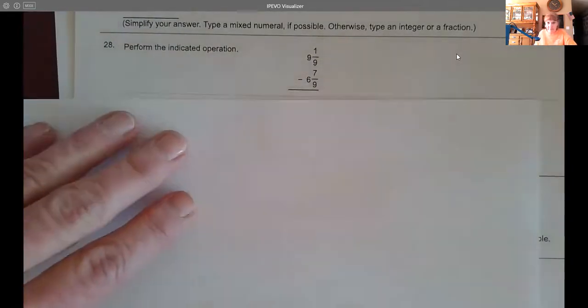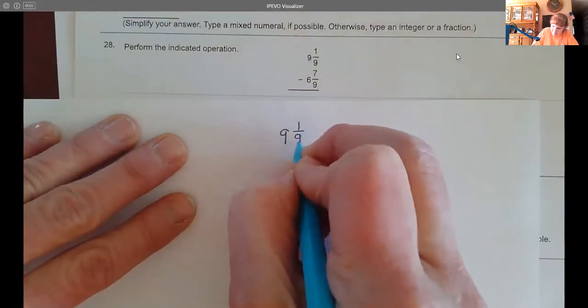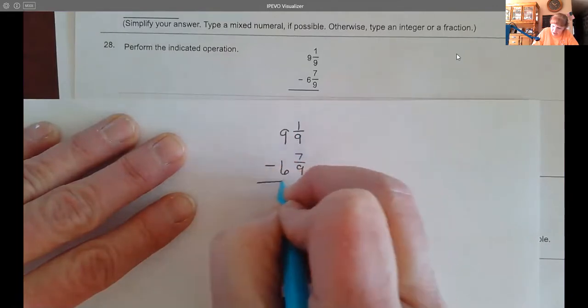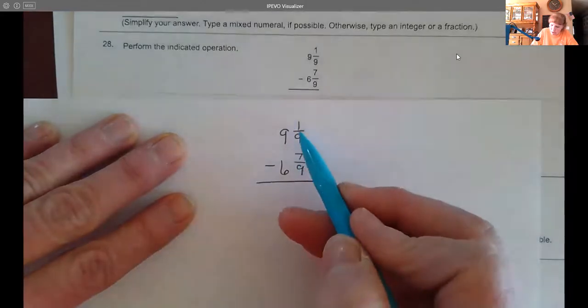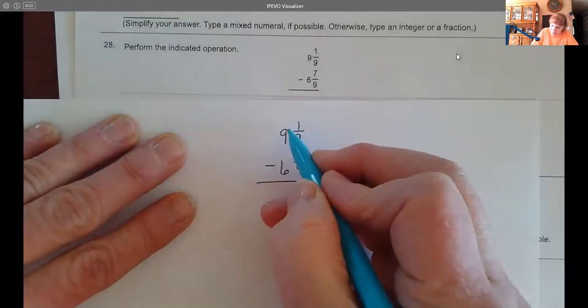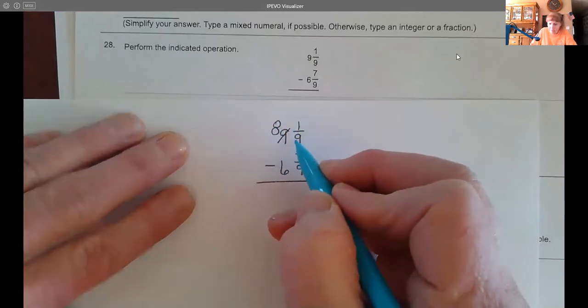Okay, so here we have 9 and 1/9 minus 6 and 7/9. So what we're going to do is borrow. We cannot take 1 minus 7. So we're going to borrow from the 9. It's going to be an 8. And we're going to borrow a 1.